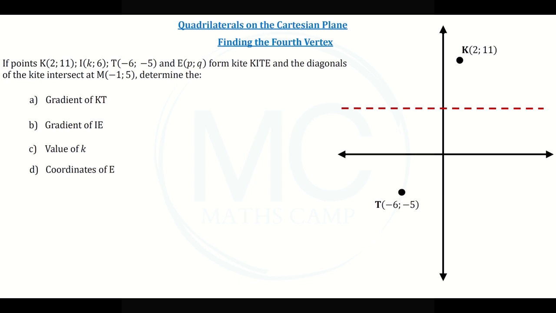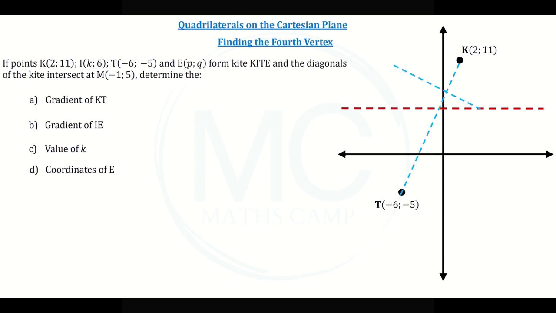K is the first letter in the name and T is the third, so KT is a diagonal and we can draw it in. A kite's diagonals are always perpendicular, so let's draw another diagonal perpendicular to the one we've just drawn, and we can make it touch the red horizontal line.